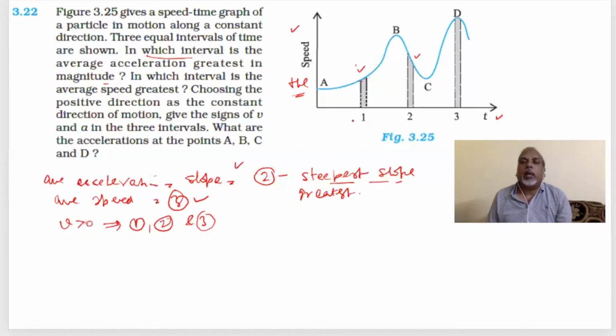So in time interval 2, a is negative, otherwise a is positive. You can take that in time intervals 1 and 3.